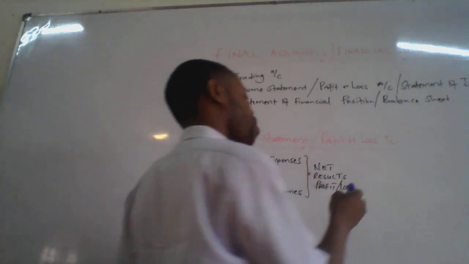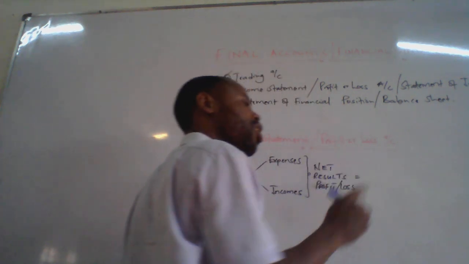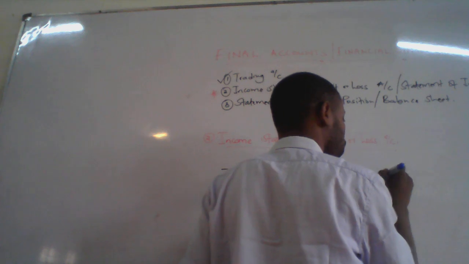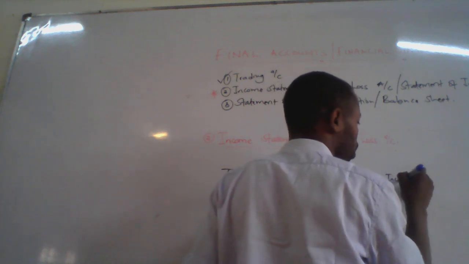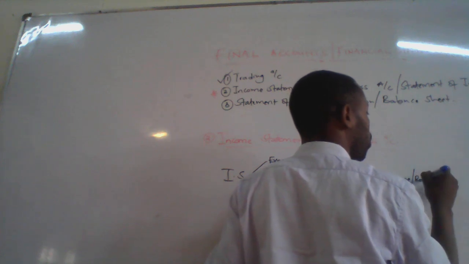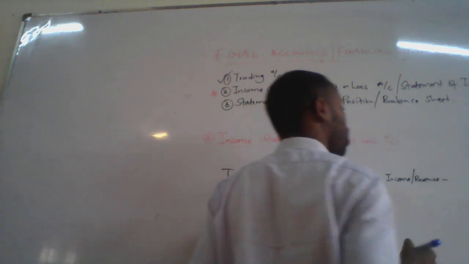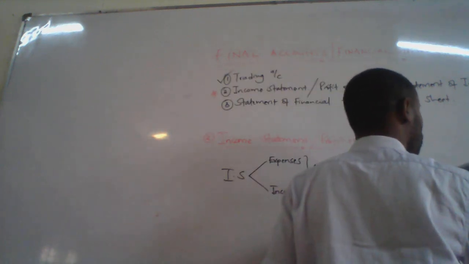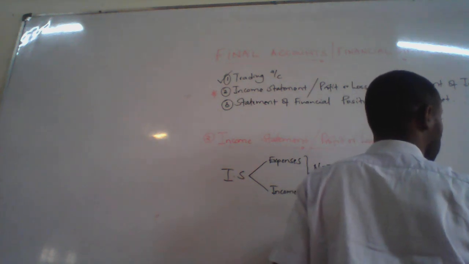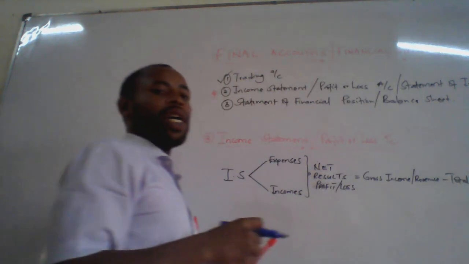How did you arrive at these net results? The net results are given by the gross income, or the total income or total revenue, less the total expenses.